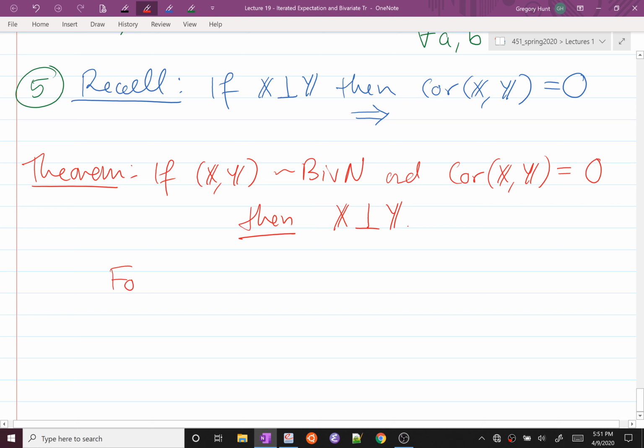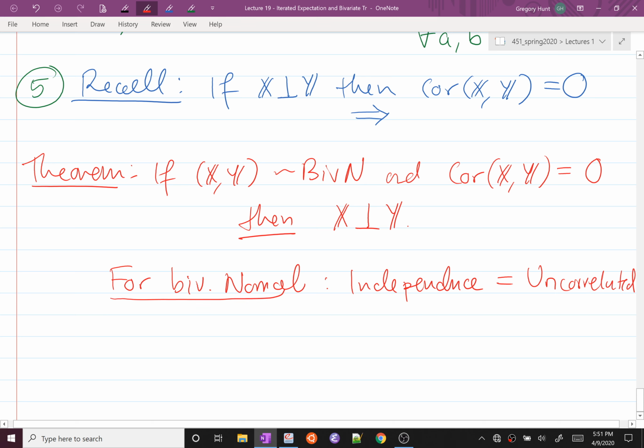Another shorter way of saying this is that for bivariate normal, independence equals uncorrelatedness. But that is only true for the bivariate normal. It will not be true for any other.